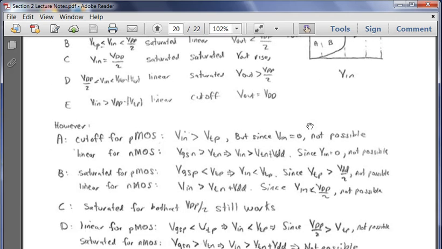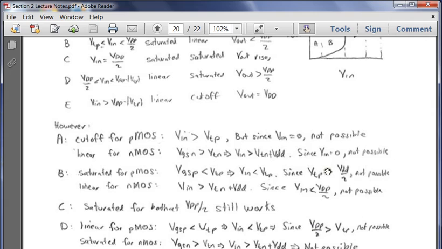In section B, same thing, saturated for PMOS, you have gate source of PMOS transistors. We want it to be less than threshold voltage. Therefore, VN needs to be less than VTP. However, since VTP is greater than VDD over 2 for PMOS, it's not possible.